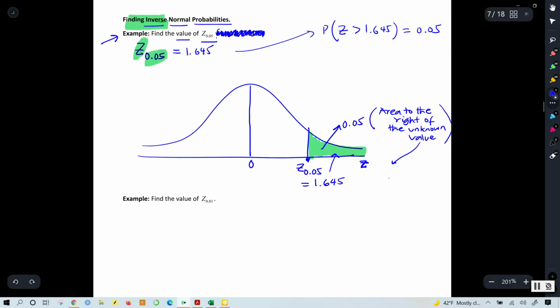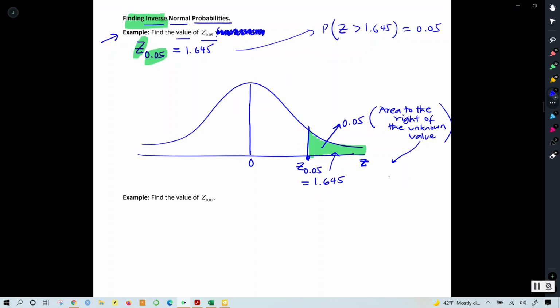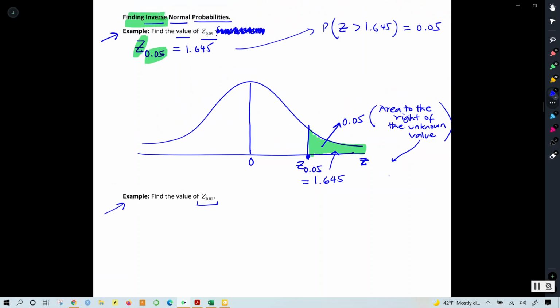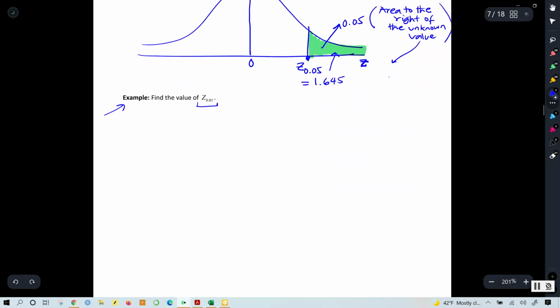You're welcome, if you get the gist of this example, to pause the video at this point in time and try to walk ahead on this. After you're done, you can unpause the video and watch as I complete the correction here. So here we go with the solution to this question.